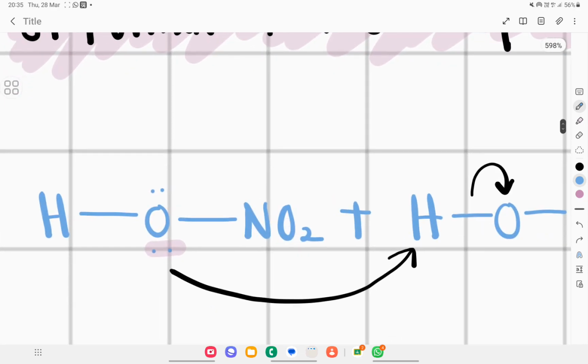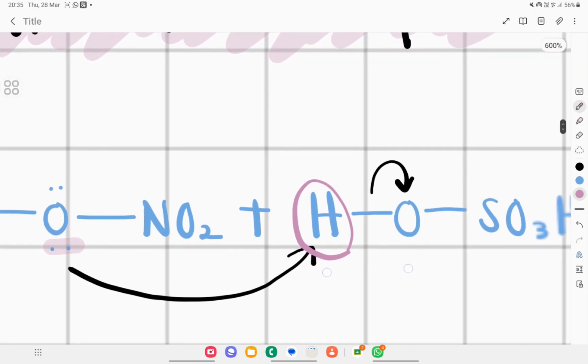One of the lone pairs on the O atom of the HNO3 will attack the more electronegative H atom on the H2SO4.